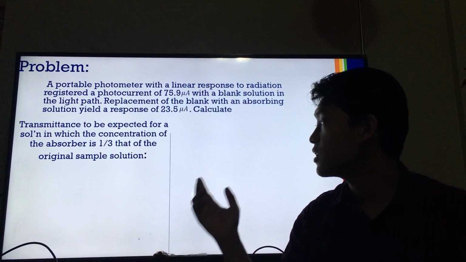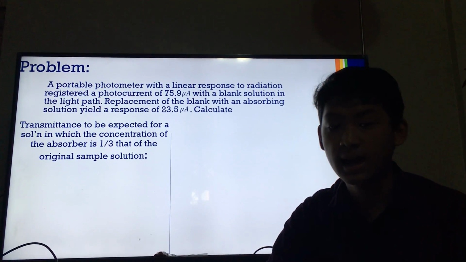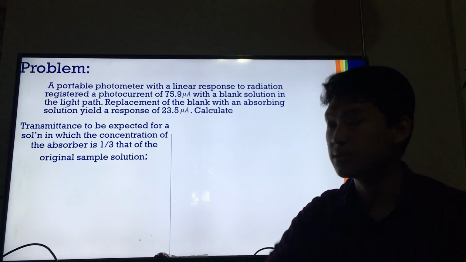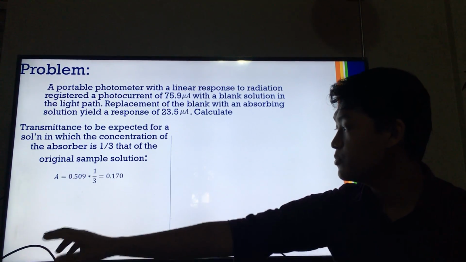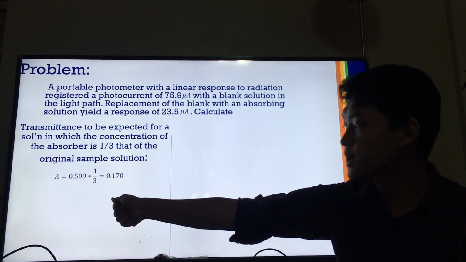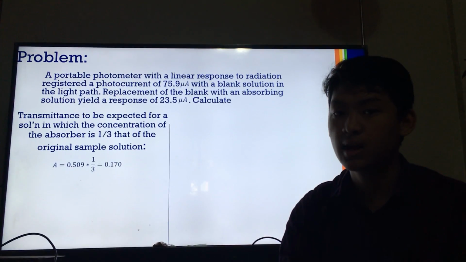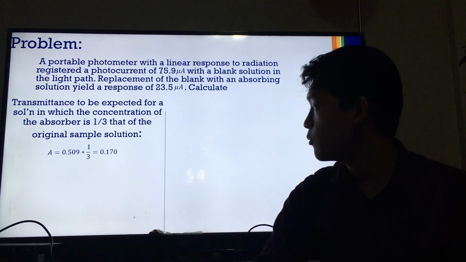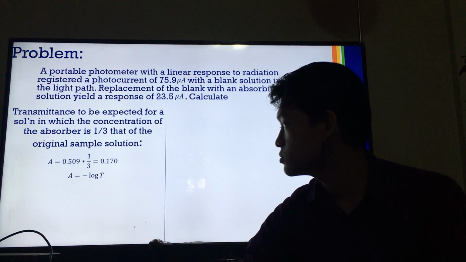So if the concentration is multiplied by 1/3, hence the absorbance would also be multiplied by 1/3. So let's put that in mathematical terms. We would be arriving at the absorbance of the original sample solution, which is 0.509, which we have computed prior, multiplied by 1/3, which is now 0.170 for the expected solution.